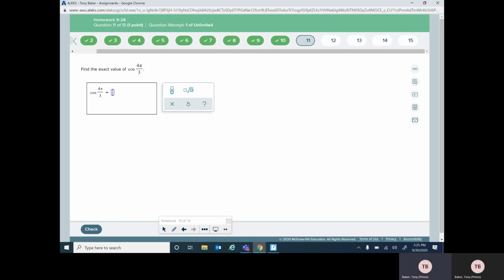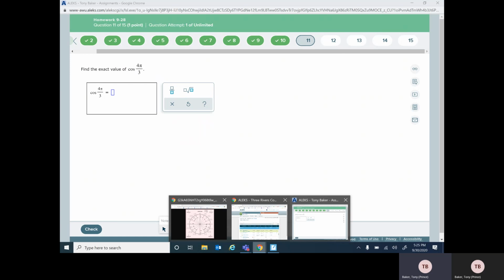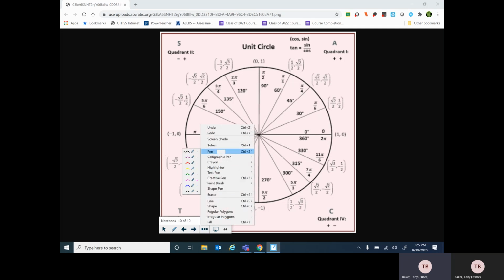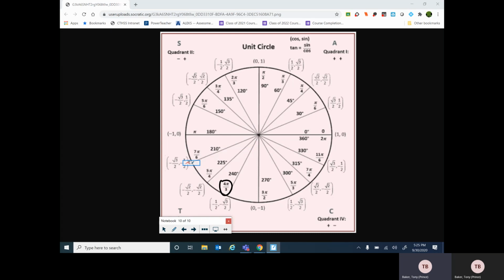Next one, we want to find the exact value of cosine. When we're looking for exact values, we're going right back to the unit circle. So if you go back to my unit circle, we're looking at 4 pi over 3, so we're looking down here. So when we're doing this, sine is opposite over hypotenuse.